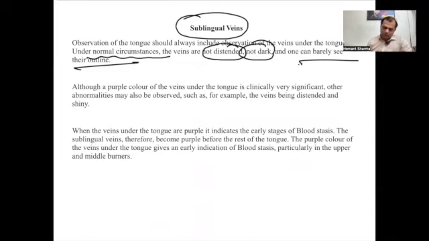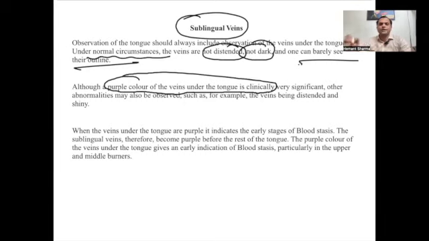So the purple color of the veins under the tongue, what is the clinical significance? If the purple color is coming on the veins below the tongue, the clinical significance is that they are showing some abnormalities. If the veins are distended and shiny, they are showing some abnormalities.